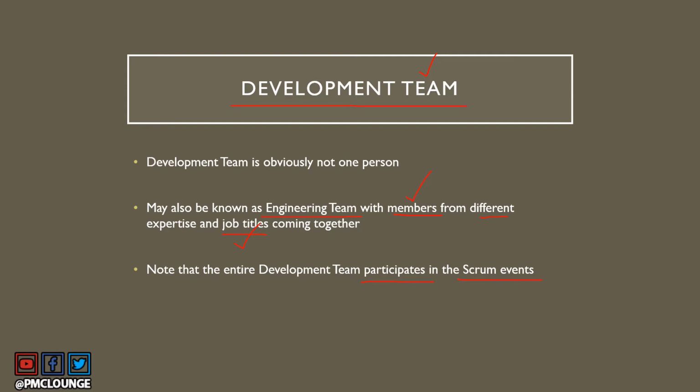We talked about Scrum events in our Scrum 101 video. I'll share a link, third link in the description below. You can check that out, Scrum 101 video, if you haven't seen that video yet. That way you will understand what Scrum events are. So the entire development team participates in all the Scrum events.